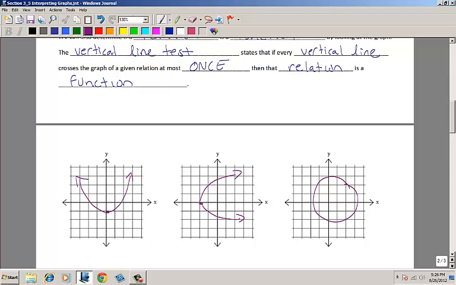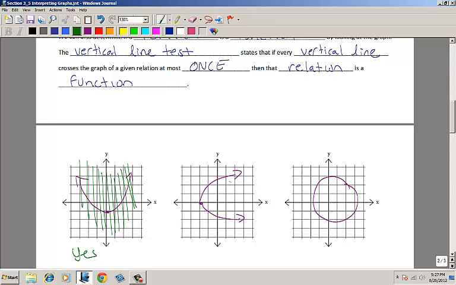All right, so let's look at the first one. Is this relation that I have graphed a function? If it is a function, then every vertical line that I could draw on this graph will only cross this purple graph once. And if you look, every vertical line that I've made has only crossed it once. So yes, this is a function.